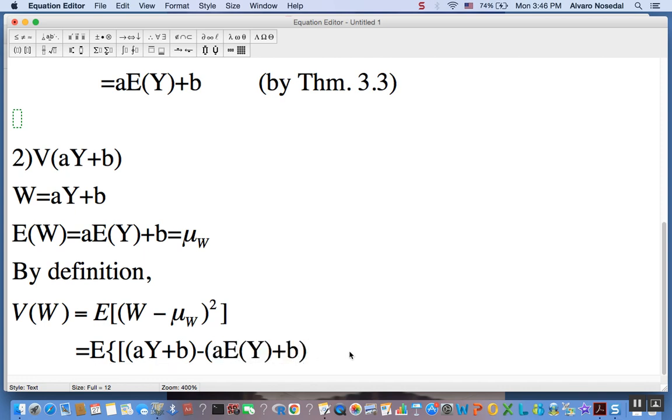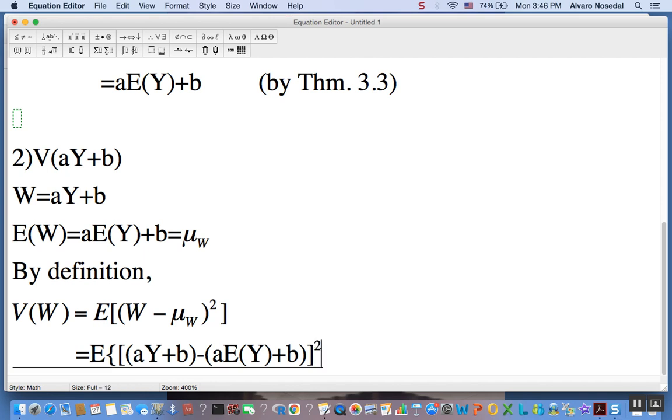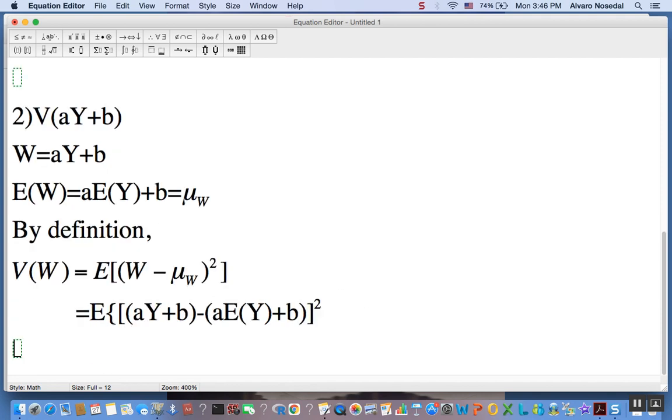And that we have from the first part that we showed. So anyway, we're just substituting the value of w and the value of the expected value of w. Now note something interesting here.